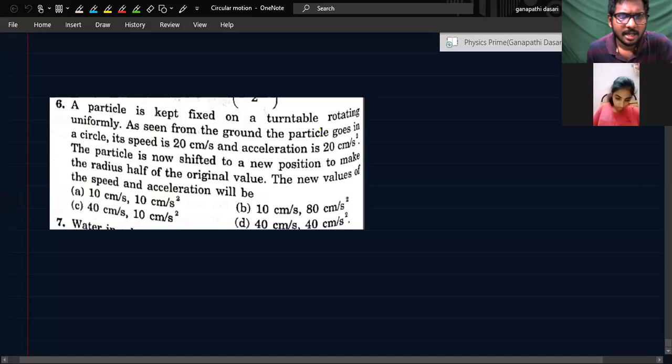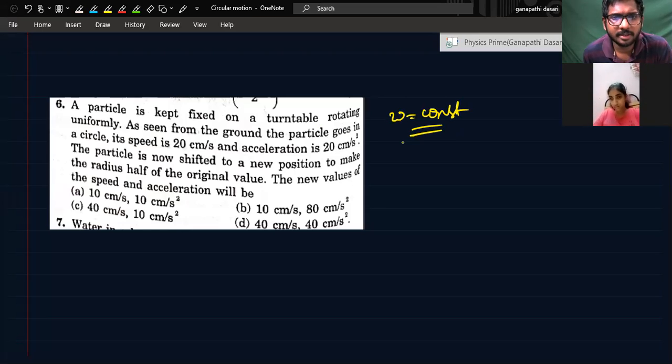The question states a particle is fixed on a turntable rotating uniformly. Rotating uniformly means omega is constant. As seen from the ground, the particle goes on a circle, and its speed is 20 centimeter per second.